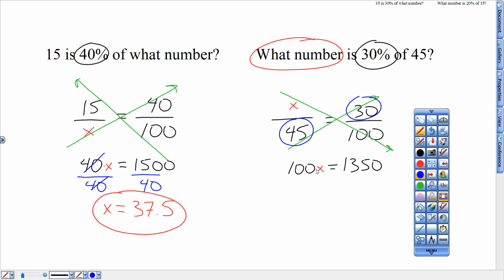Opposite of timesing by 100 is dividing both sides by 100, and that will give me what this missing number is, a little bit tougher. That is 13.5.